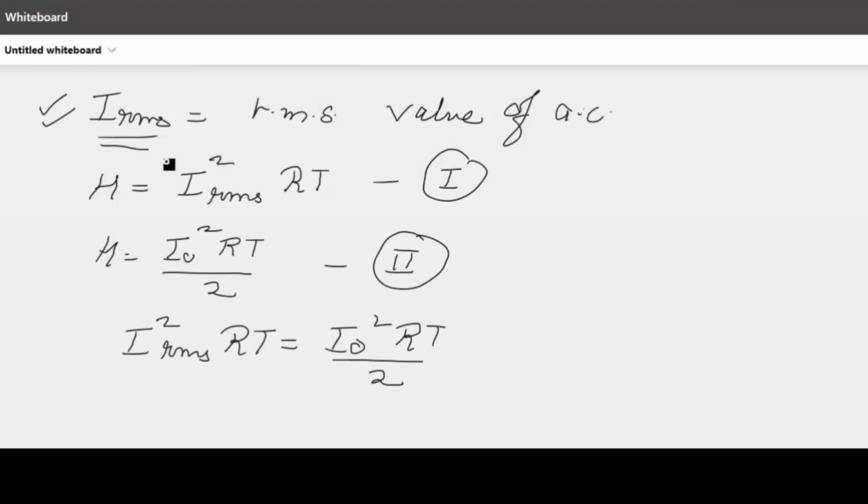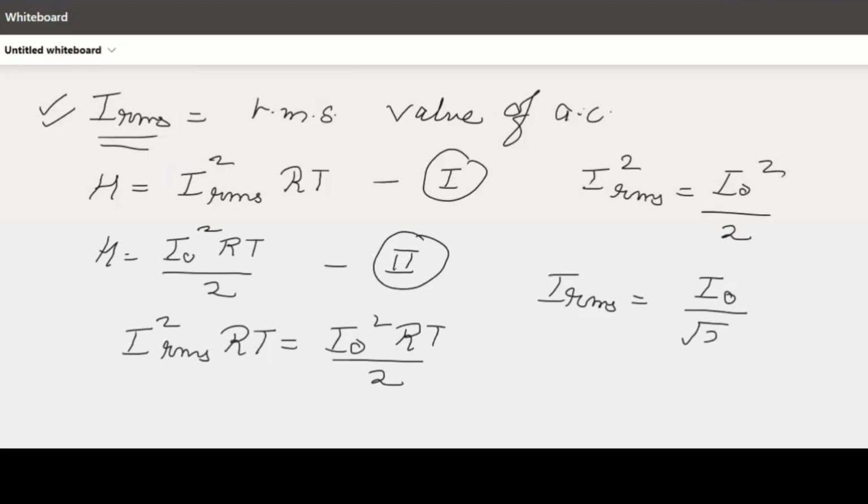By solving it, we have I square RMS is equal to I naught square divided by 2, and I RMS, by removing the square, is I naught divided by under root 2, and by solving 1 upon under root 2 we have the value 0.707 I naught.